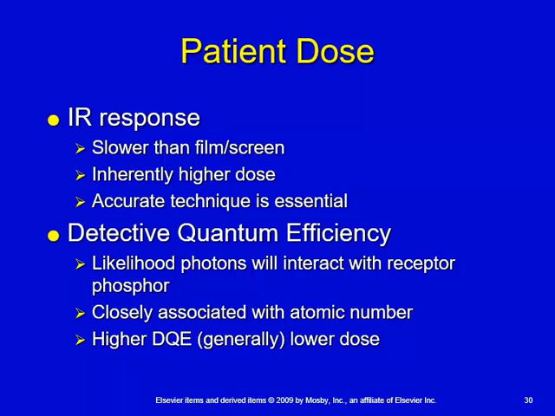So DQE is closely related with atomic number. And with a higher DQE, having a lot of electrons to liberate, generally we're going to require a lower dose to make the same exposure as with a phosphor that has a low DQE, or an image receptor that has a low DQE.